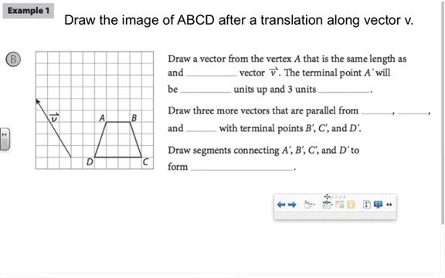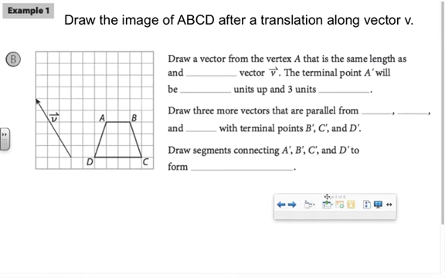Maybe you want to pause the video here, look over that part A, which is done completely for you, before you look at part B that I'm about to do for you. Okay, so in this translation, in the step-by-step process, they have us starting by drawing a vector from the vertex A that has the same length as vector V and is parallel to vector V.